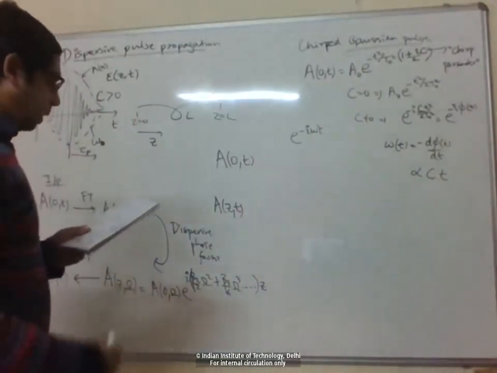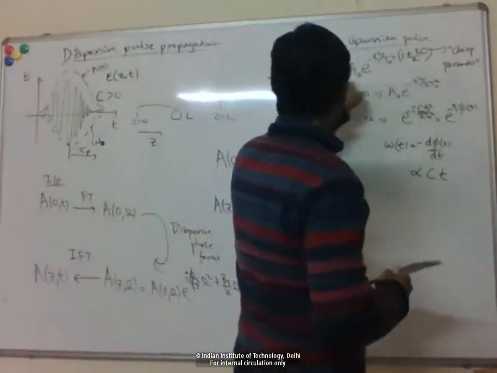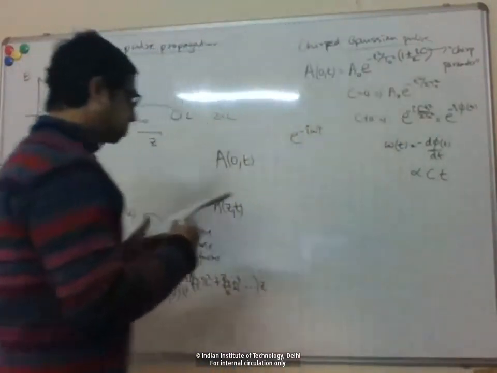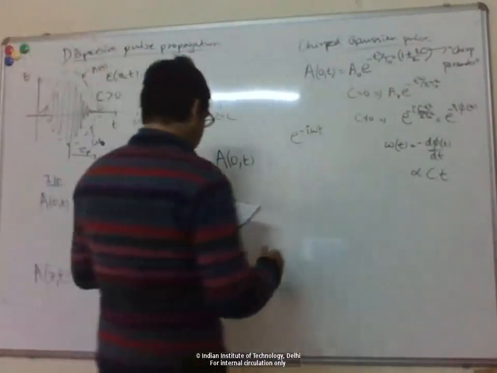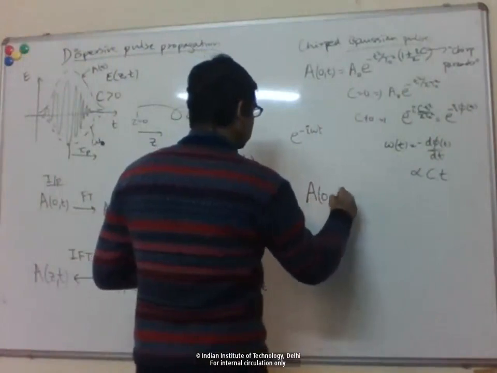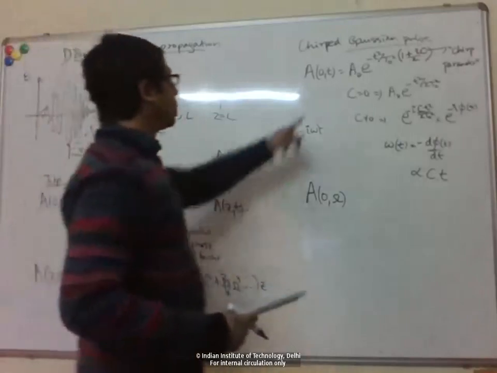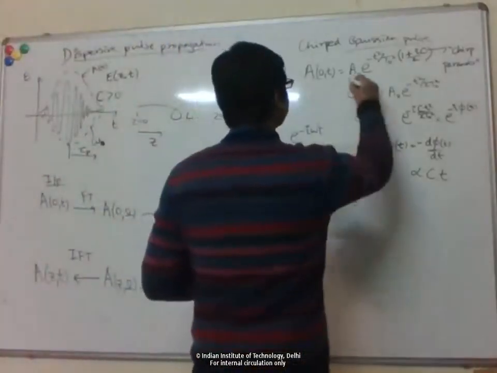Okay. So if I take a chirped Gaussian pulse like that, I can again find the spectrum by taking the Fourier transform.